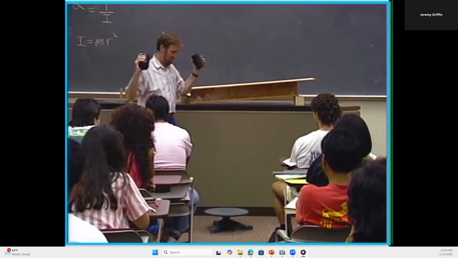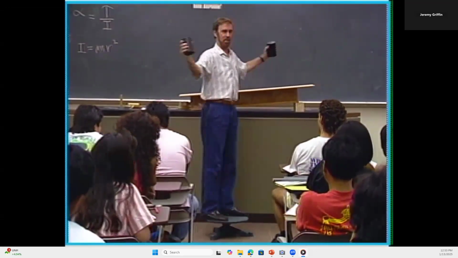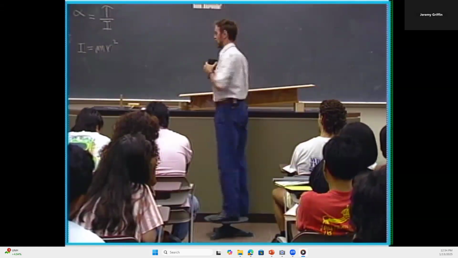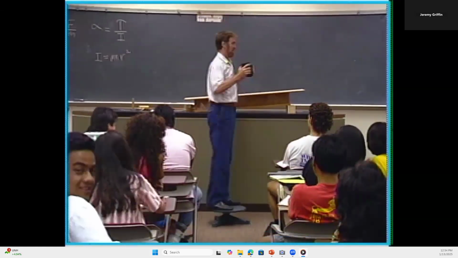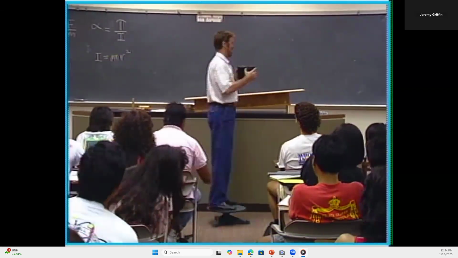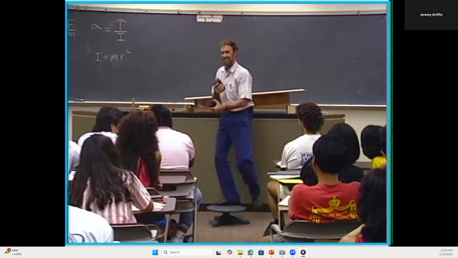A little? So if I get rotating like this and I hold them out, what happens when I pull them in? Easier to rotate, gang. Harder to rotate. Easier to rotate.